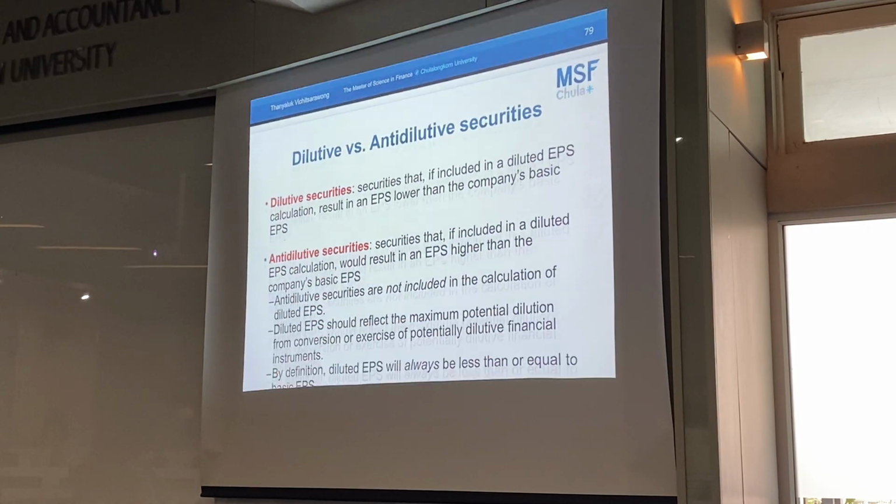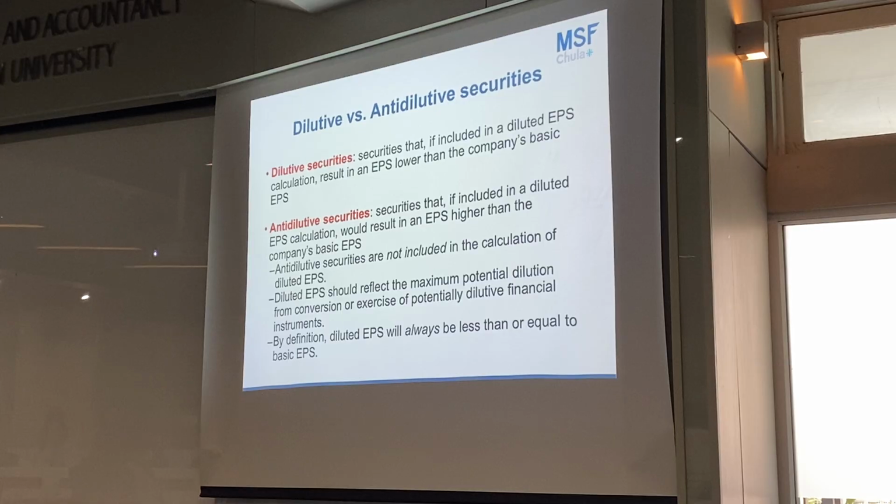Sometimes when you calculate and your EPS is larger than the basic EPS, for this kind of financial instrument, we call it anti-dilutive security. The anti-dilutive will not be included in your diluted EPS calculation. So we're going to use only the securities that dilute in the calculation.